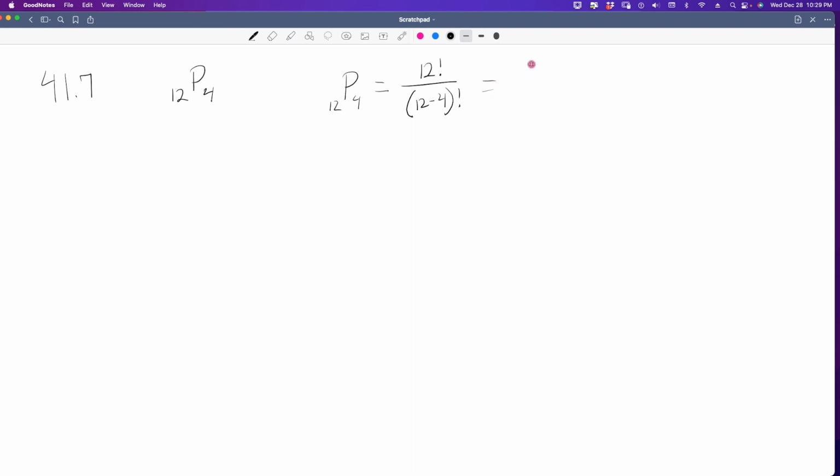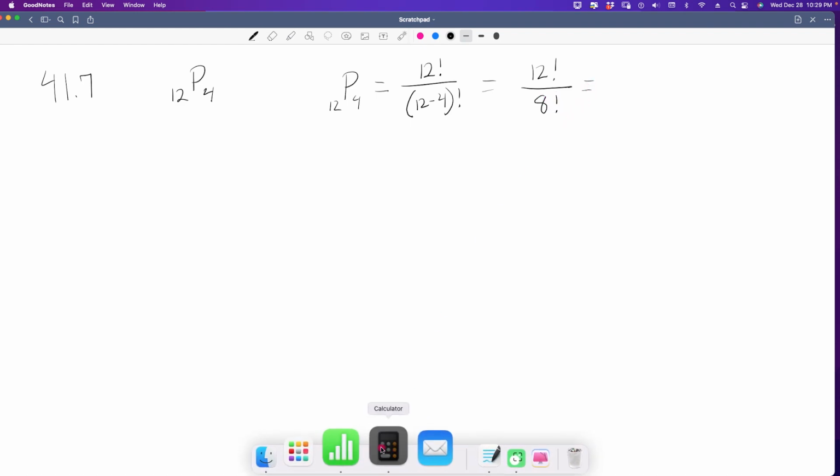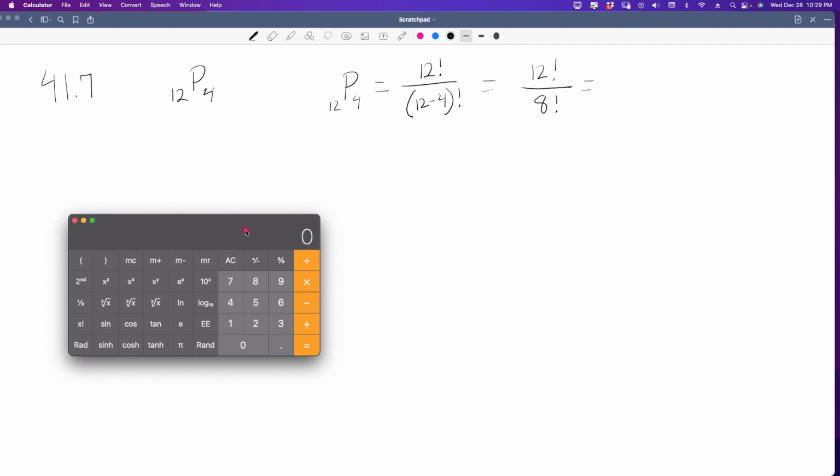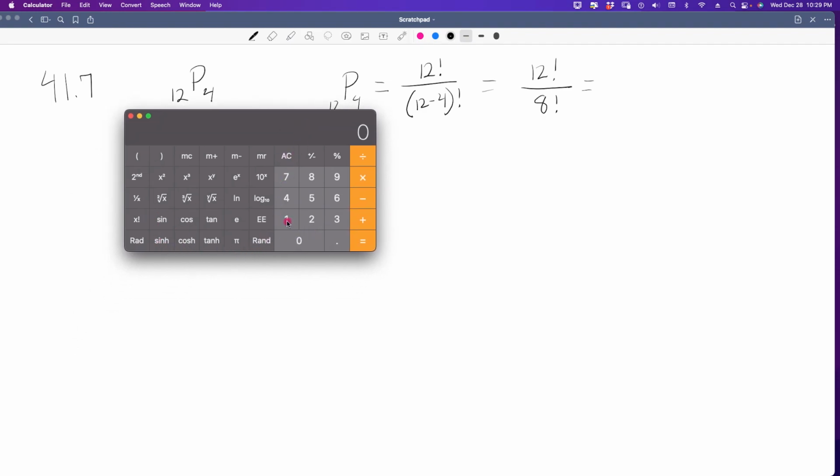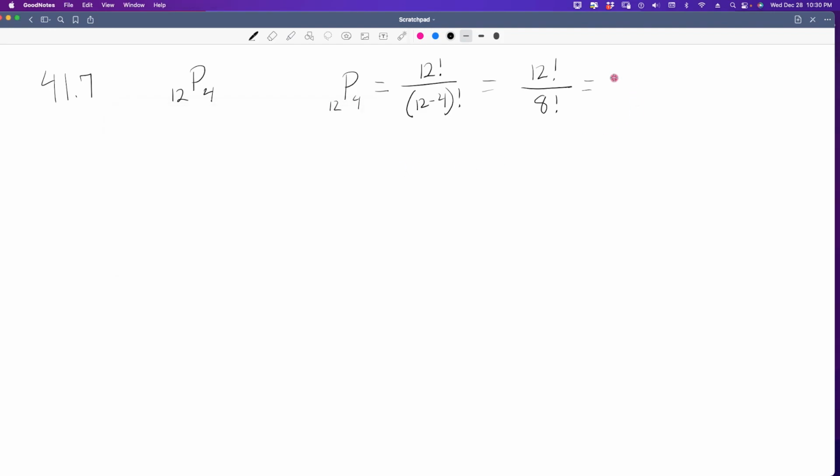So that is equal to 12 factorial over 8 factorial. And let's see what the answer is. So that's going to be 12 factorial divided by, I'm going to open my parenthesis, 8 factorial, close parenthesis, 11,880.